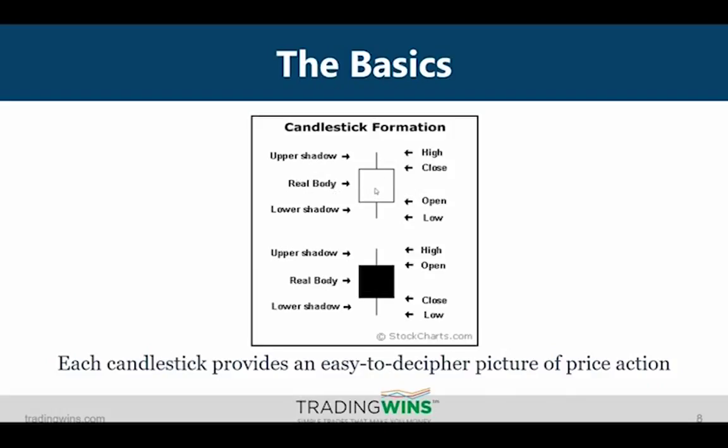Again, the actual period doesn't matter. So in this particular case, we opened up down here near the bottom edge of the body. We moved back and forth, got as high as this point, as low as this point, and then we settled here at the close, which is the upper edge of the body. And so again, because it's higher than where we opened, that's why it would be clear or green.